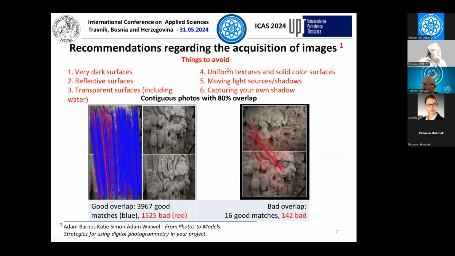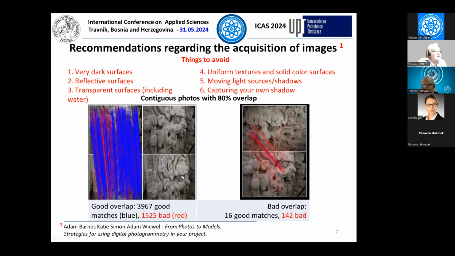Recommendations regarding the acquisition of the images are things to avoid: very dark surfaces, reflective surfaces, transparent surfaces, including water, uniform texture and solid color surfaces, moving light, and capturing your own shadows.